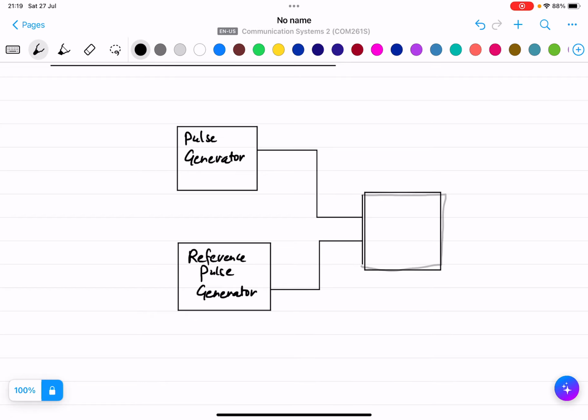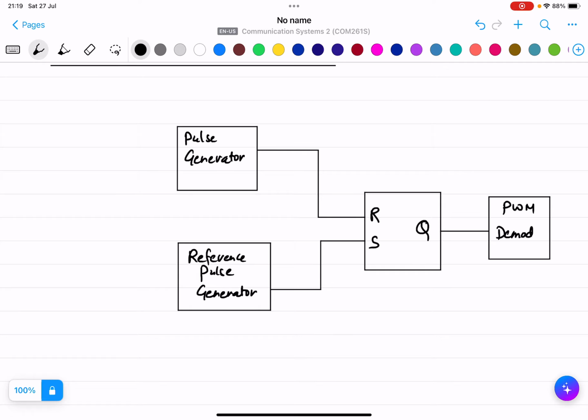So this is R, this is S, and this is Q. I will explain what this is. Next is the PWM demodulator, and here is the input PPM pulses, and next is the reference pulse generator.